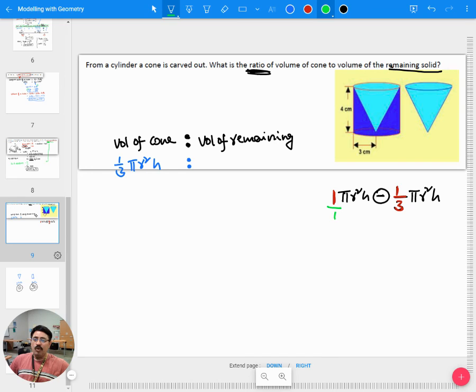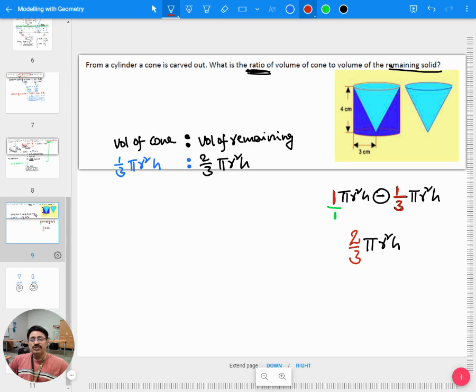You may assume over 1, then you'll end up with 2/3 pi r square h. Again, I'm repeating, there is a cylinder. From the cylinder, a cone is carved out. That means this one is removed. So from one cylinder, 1/3 is taken out, and what is left is 2/3 pi r square h.